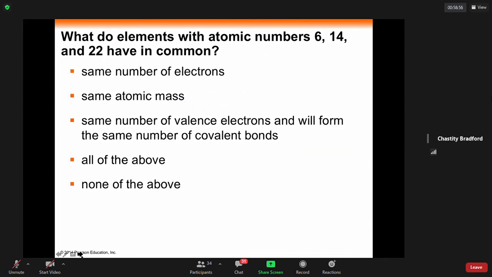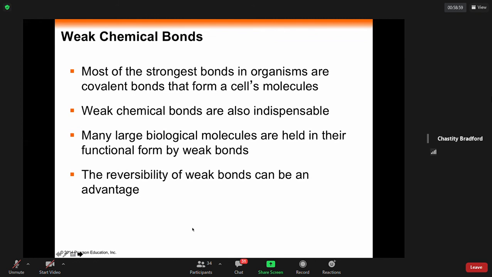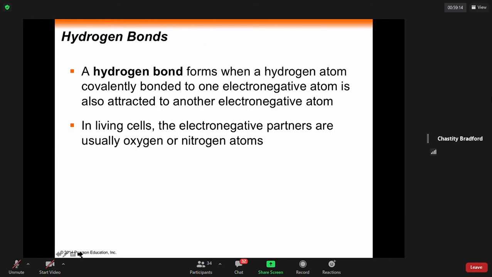And we have what we call van der Waals forces. Okay, covalent bonds, ionic bonds, van der Waals forces.